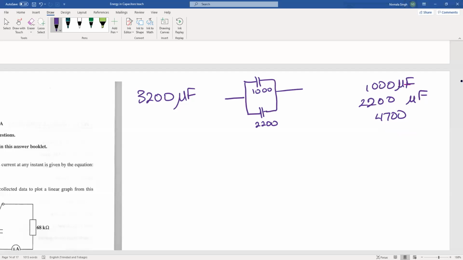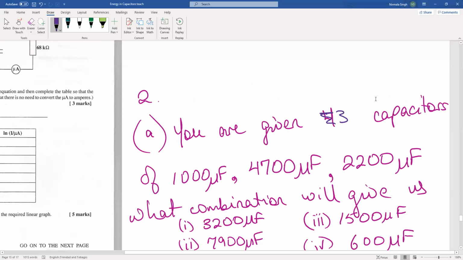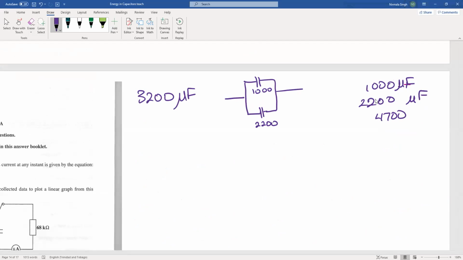So looking at that, what is the next one? The next one is 7900. Which two is going to give me 7900, and in what combination? What two, or what three actually?